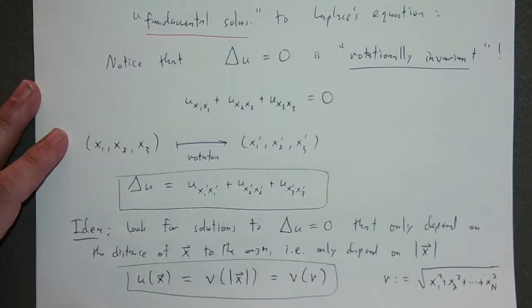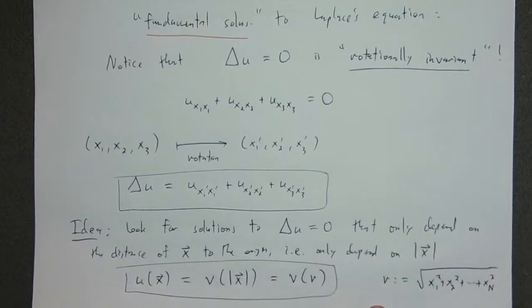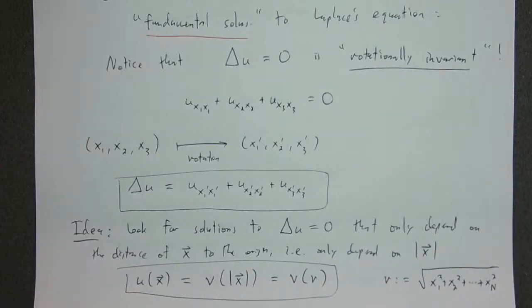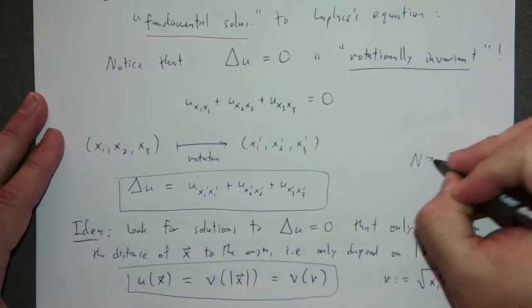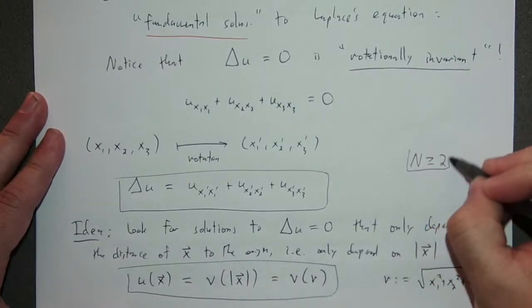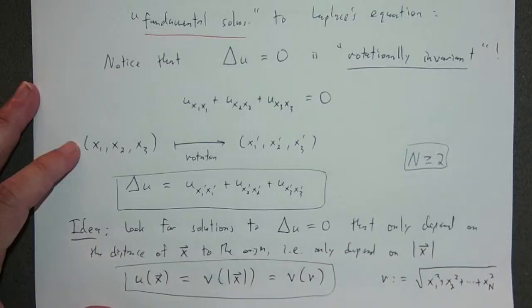So we're seeking a function of this variable r, where r is our distance to the origin. So how does that help me? First of all, let's suppose, again, this is really only interesting if the dimension is at least 2. So for dimension 2 and greater, the question is what this does for me.